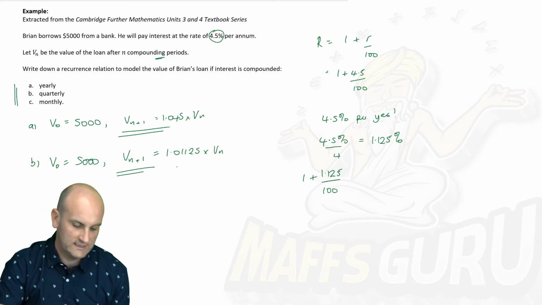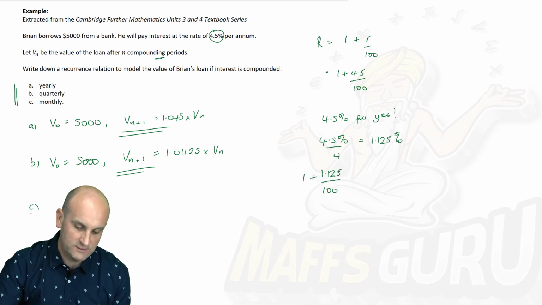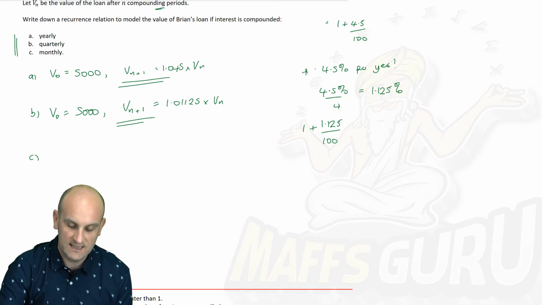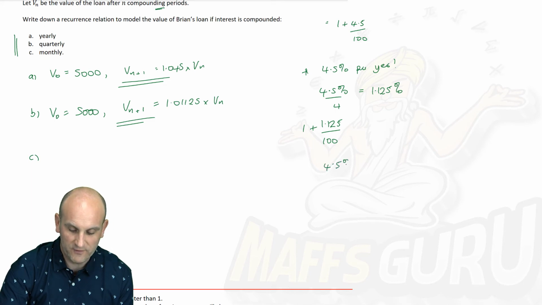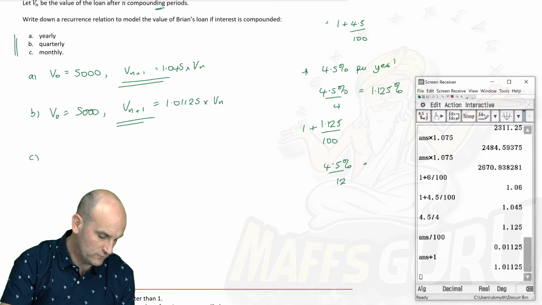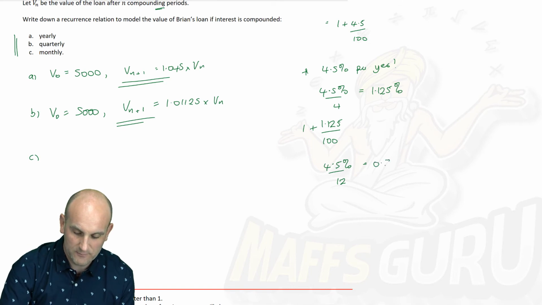Now, quarterly. Do you see what's going to happen for monthly? Well, again, remember our interest rate was given as 4.5% per year. So how do I work out monthly? My monthly becomes 4.5% divided by 12. Firing up my CAS, 4.5 divided by 12 gives me 0.375%.